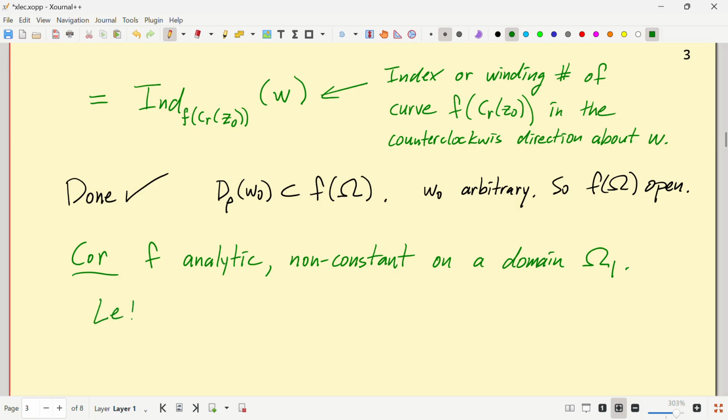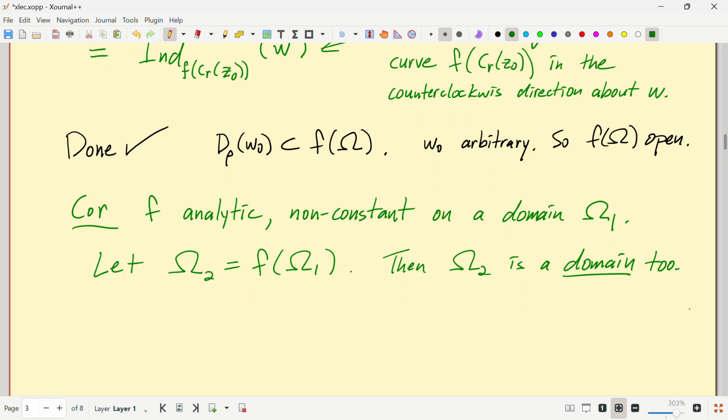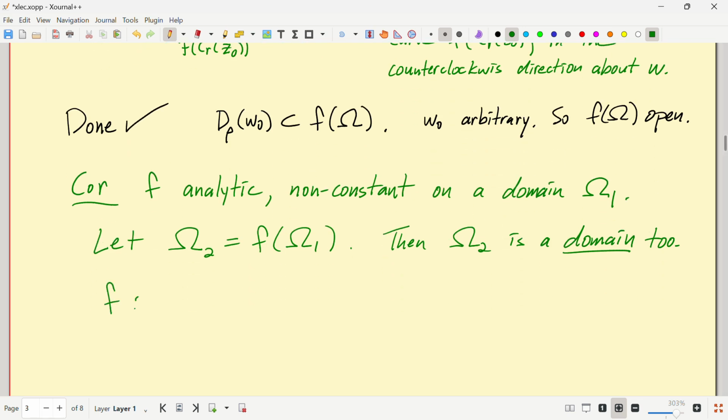Let omega 2 equal f of omega 1. Then omega 2 is a domain. And so f would be a mapping from omega 1 to omega 2, and this would be an onto map, of course, just by the way I defined it.